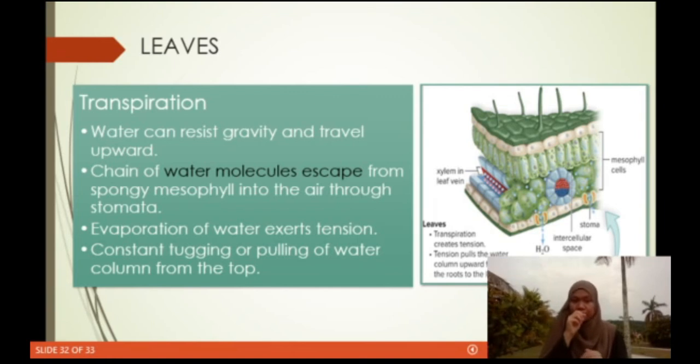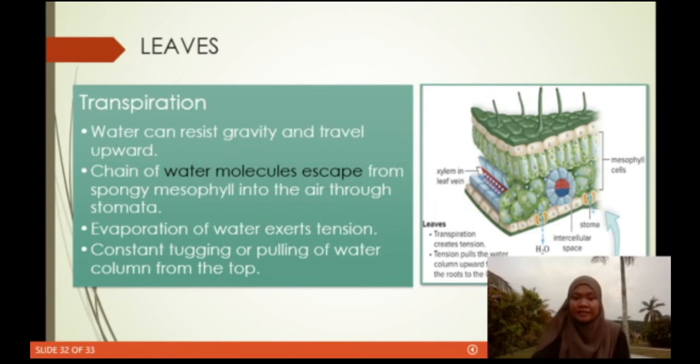So there is an evaporation of water that exerts tension. Because of the tension, there is a constant tugging or pulling of the water column from the top. So in the leaf, transpiration exerts tension, and water goes upward from root and stem into the leaf.